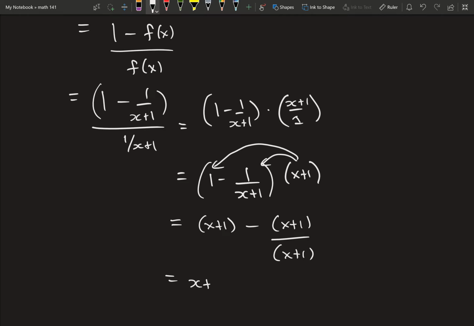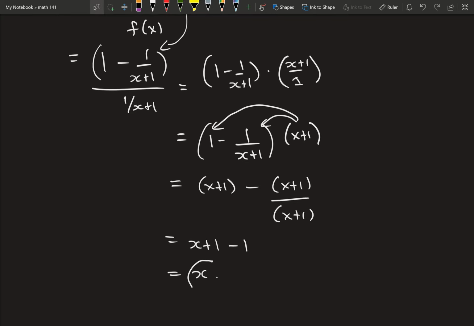This is x plus 1 minus 1, and that equals x. Okay, just to reiterate here, the f of x was 1 over x plus 1, divided by, again, 1 over x plus 1. We take this and we multiply by the reciprocal of the denominator, and x plus 1 divided by 1 is just x plus 1. And then we distribute, multiply term by term, and that gives us our desired result.